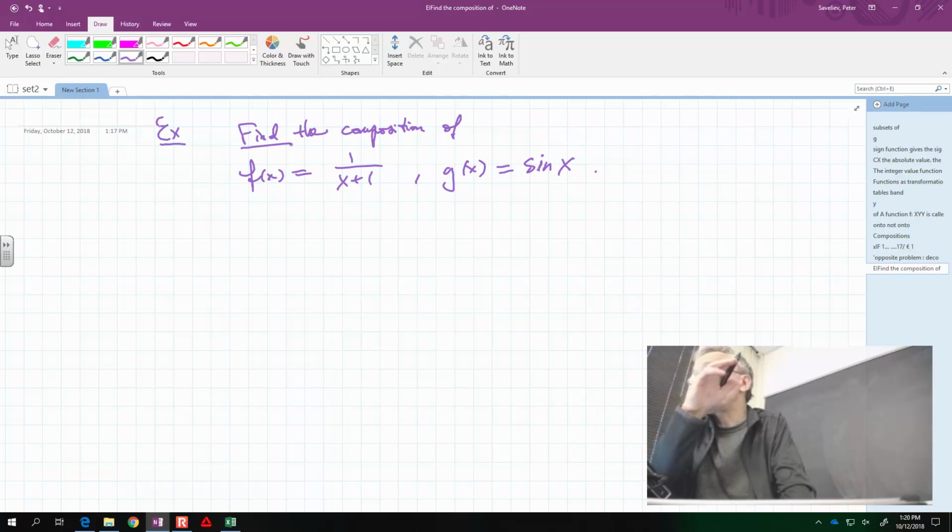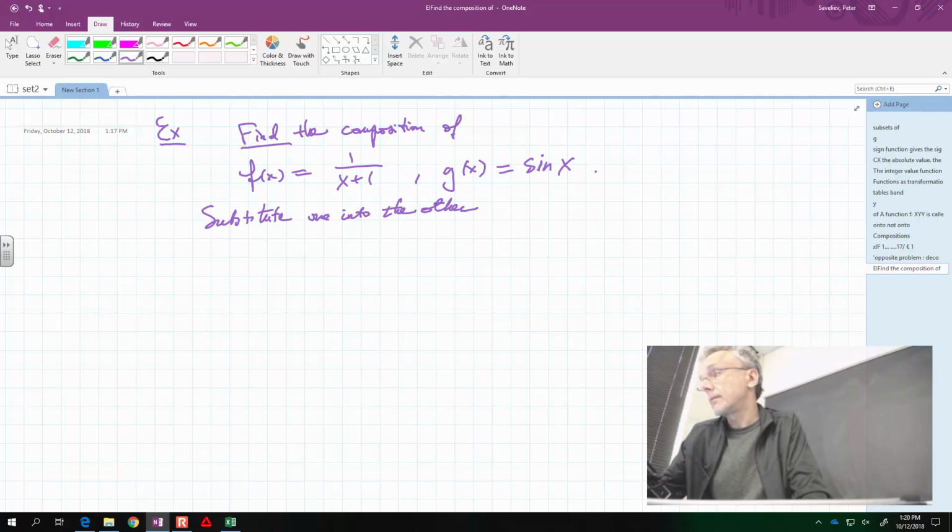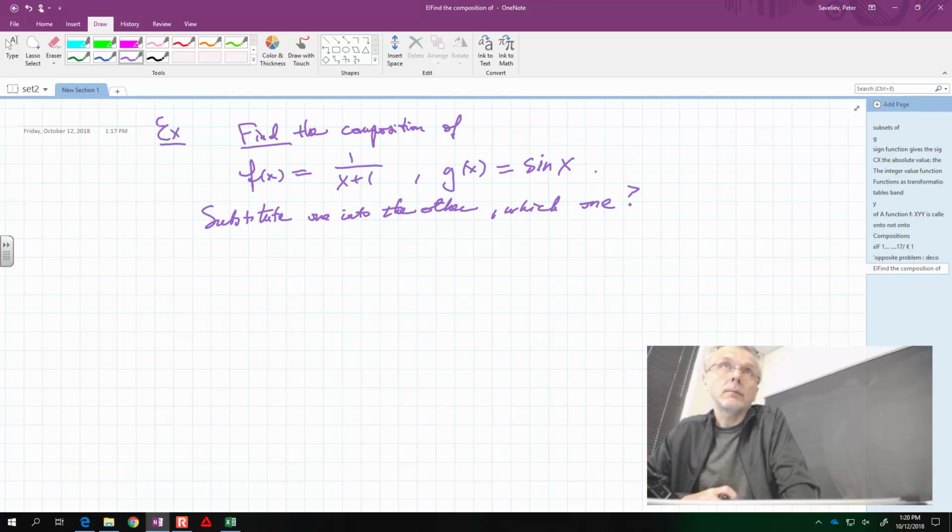Well, you remember that when you compute the composition, you substitute one function into the other. Which one? G substituted into F. Why is it that way, not the other way around?